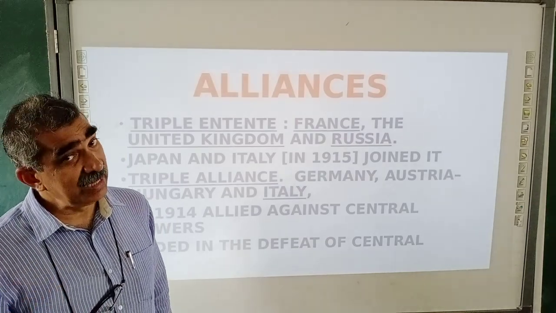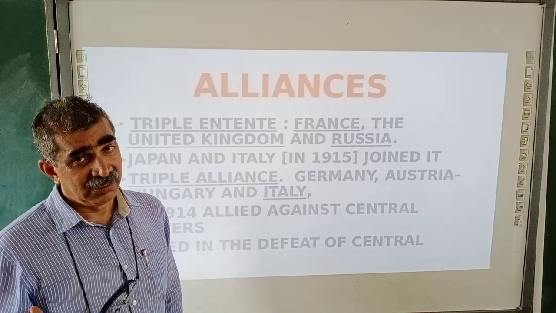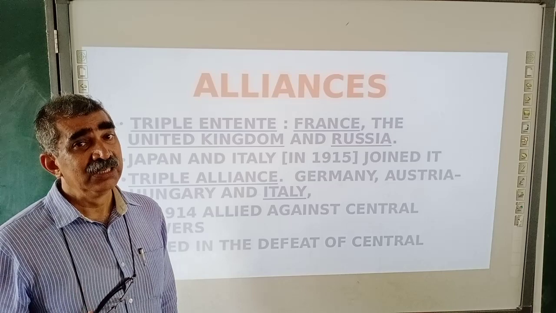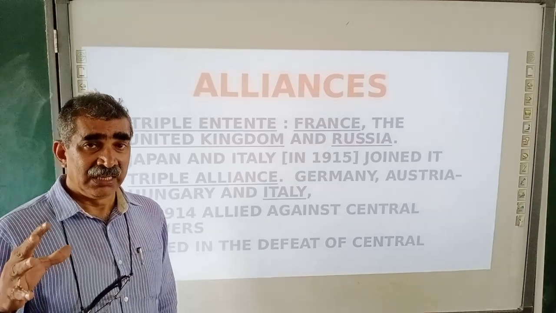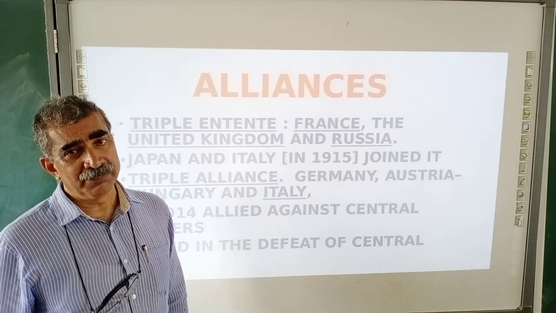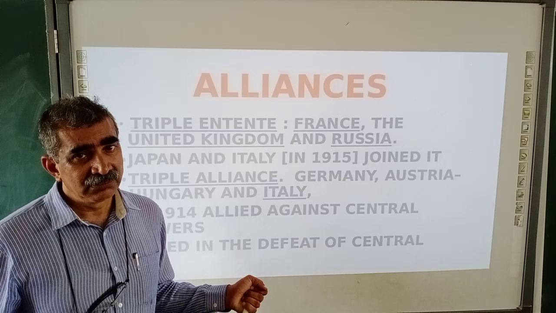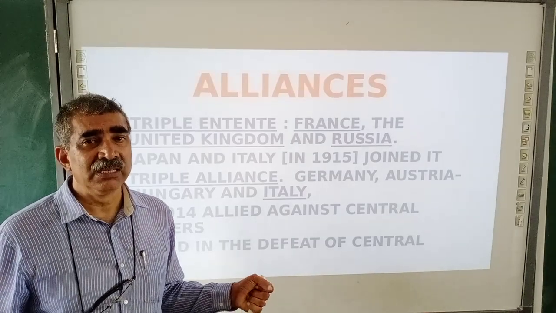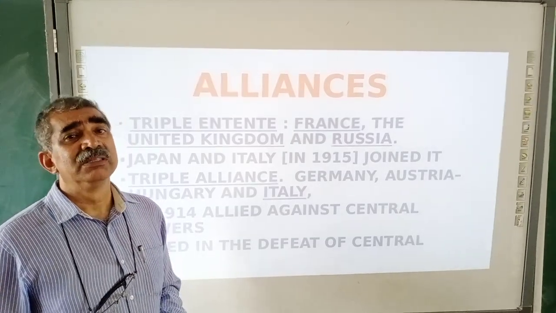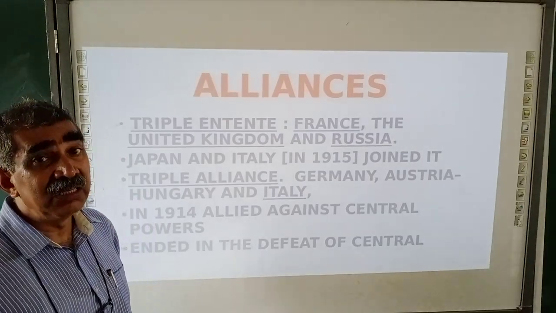So the treaty is named sometimes the Treaty of Versailles or Treaty of Paris, and that brought an end to the kingship in Germany. The king abdicated the throne, and an elected governmental system came into existence in Germany.